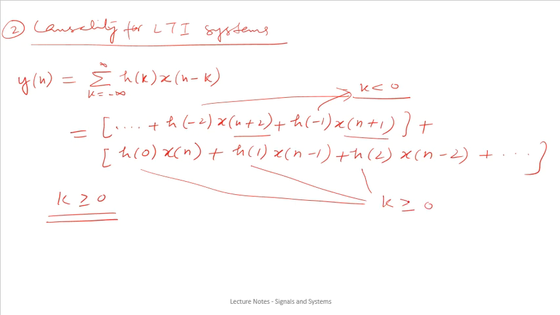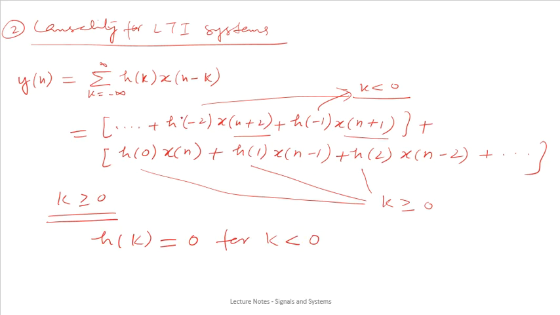Now in order for y[n] to depend only on the past and the present values, that means for the system to be causal, what we require is that h[k] equals 0 for k less than 0.